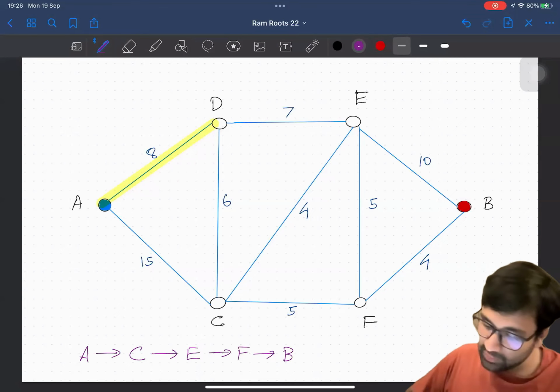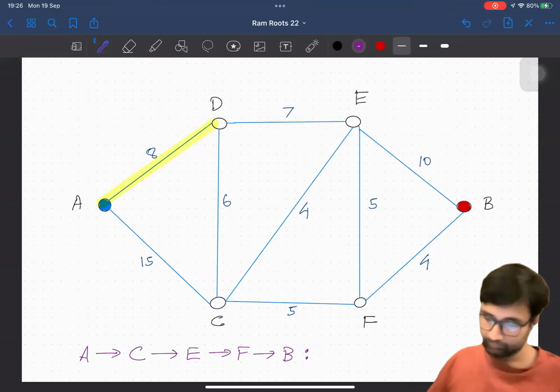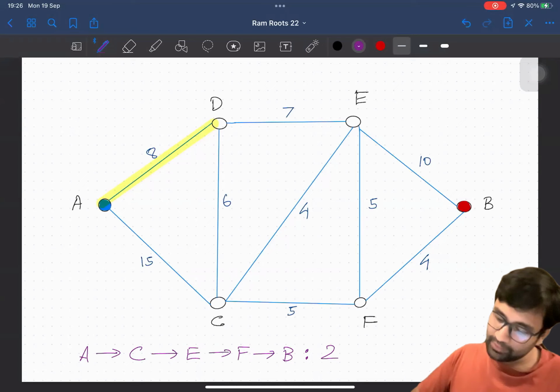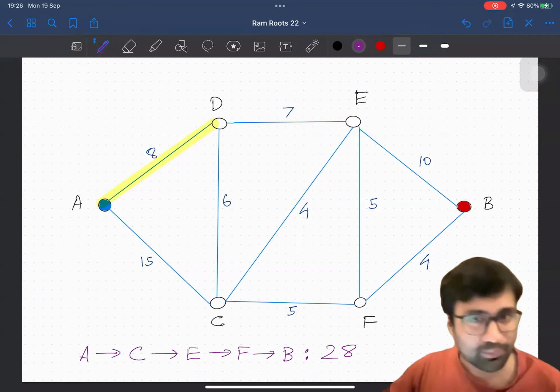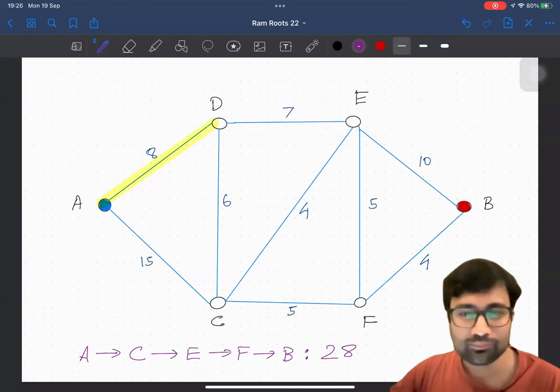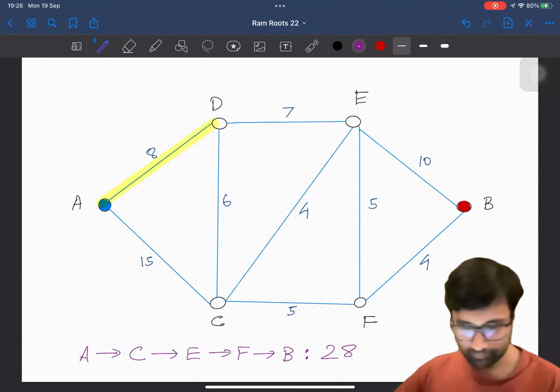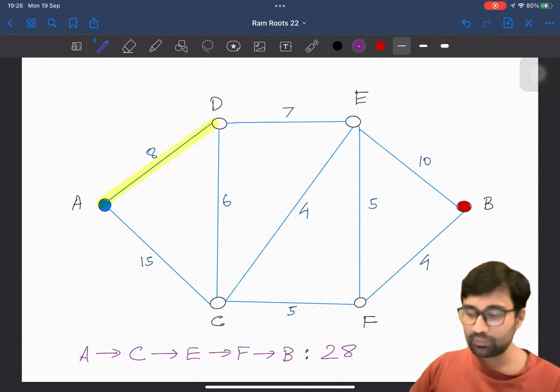And how much time does it take if we go this way? So you have to add up the numbers, no? From A to C, it takes 15 minutes. 28. Okay, somebody said 28, I believe you. Good. So if you go this way, it will take 28 minutes, right?